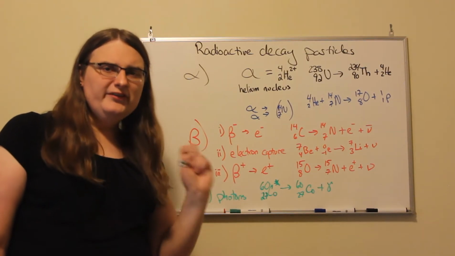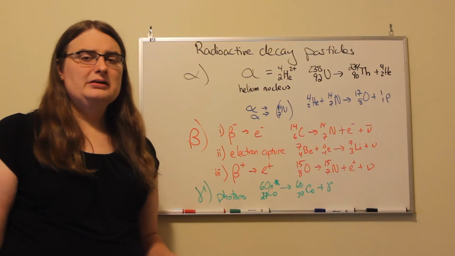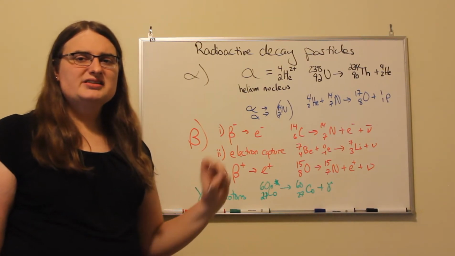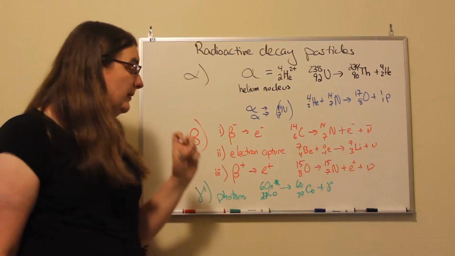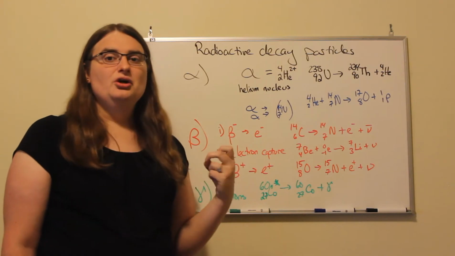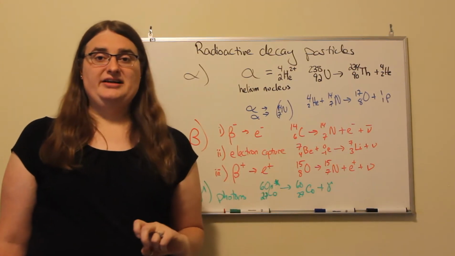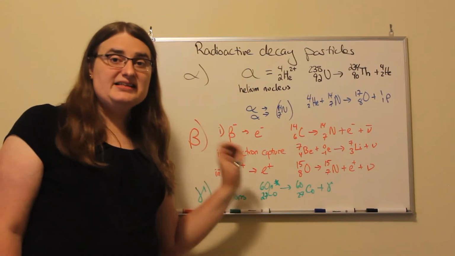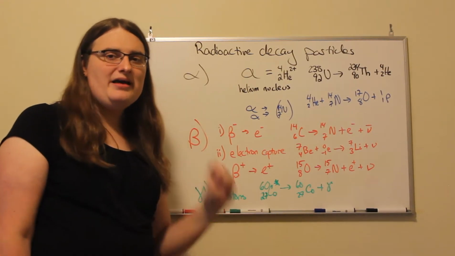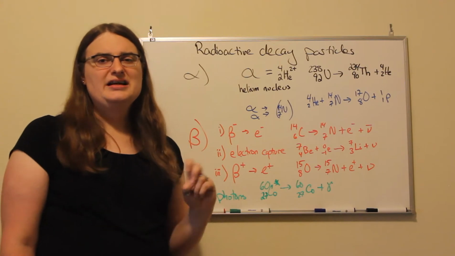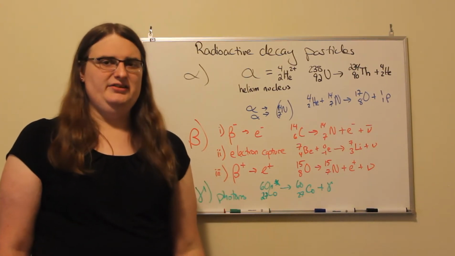One of the weird things, though, with beta radiation is sometimes there were observed particle decay events where the particles released had the exact same mass as an electron. They appeared to have the exact same size, exact same everything as an electron, except they happened to be positive.